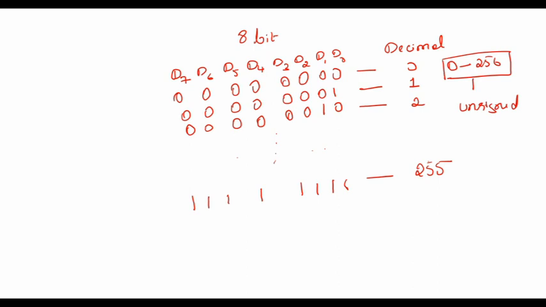Now how do I take a signed number? I have a limited number of data bits, that is 8 bits, and my signed representation has to include both positive as well as negative numbers. If I'm considering only positive numbers, then it is an unsigned number, and the range is pretty simple, 0 to 255.